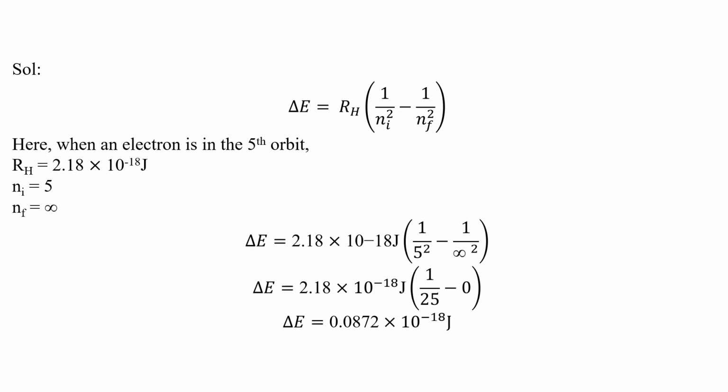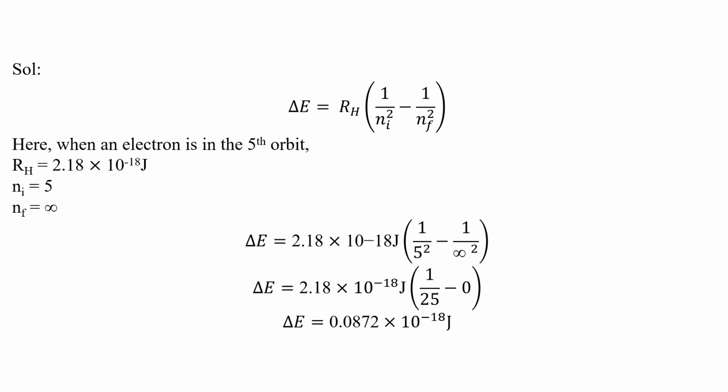So what is the value of Ni? What is Ni? It means the number of the orbit in which the electron is present initially. Initially, before absorption of energy, the electron, as you see in the first diagram, is present in the fifth orbit. So the value of Ni becomes equal to 5.